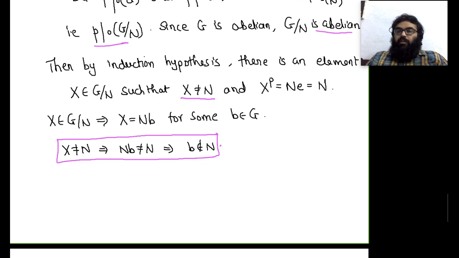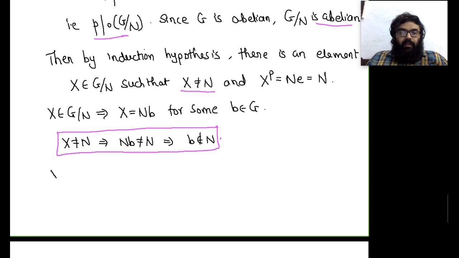Another point is what? From this, x power p is n. This implies, what does it mean? X is nb, so nb power p equals n.